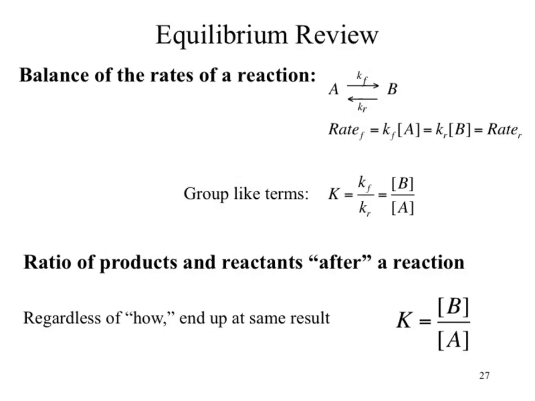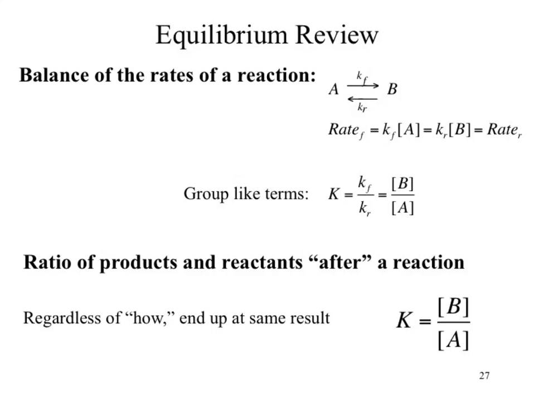Where all of this comes from in the mathematics, before we even look at equilibrium, we'd actually be looking at rates. If we looked at our reaction, A goes to B, we have the rate of the forward reaction, or the rate constant, and the rate of the reverse. If we achieve equilibrium, which is what this is all about, the rates of those reactions are equal. The rate of the forward must equal the rate of the reverse.